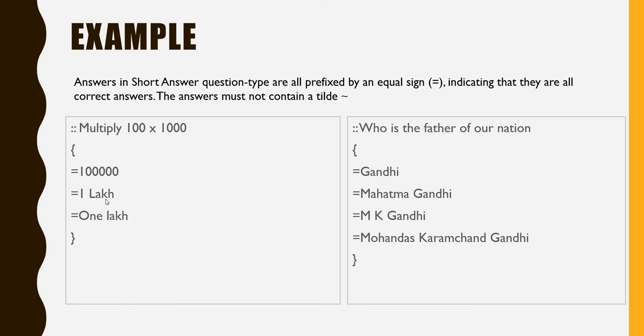So we should consider that a teacher, when giving this type of question, should be vigilant enough to understand the different possibilities of how a student might answer a question. Similarly, 1 lakh can also be written as ONE LAKH, 1 lakh, right? So you should be doing this type of vigilance.